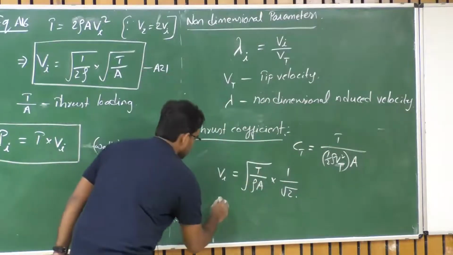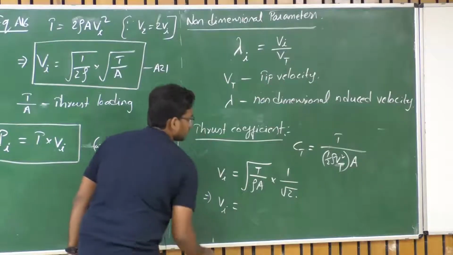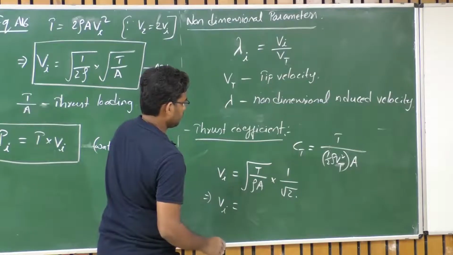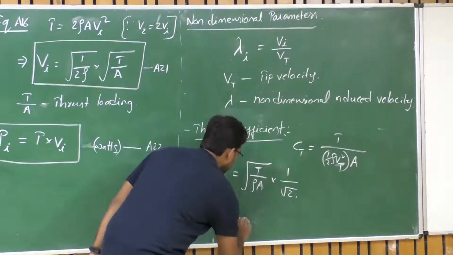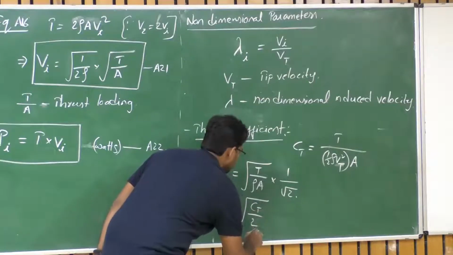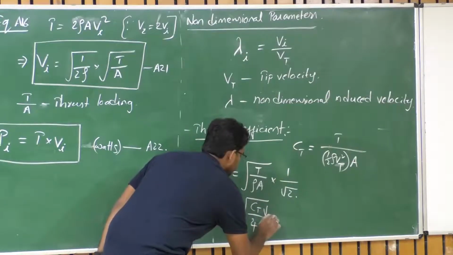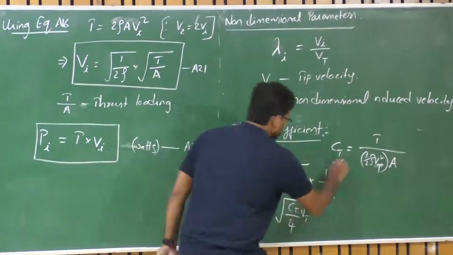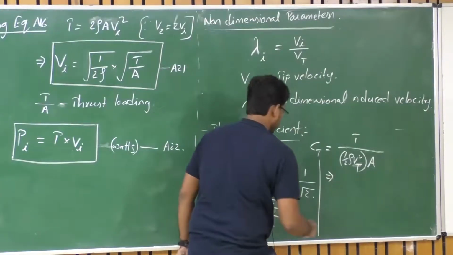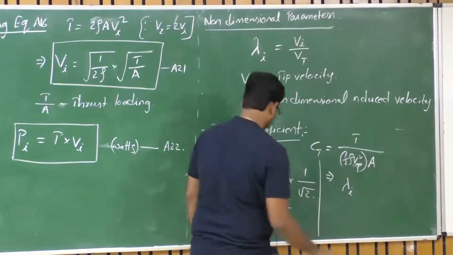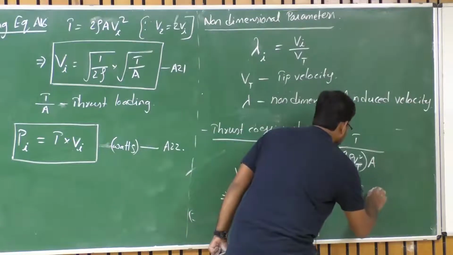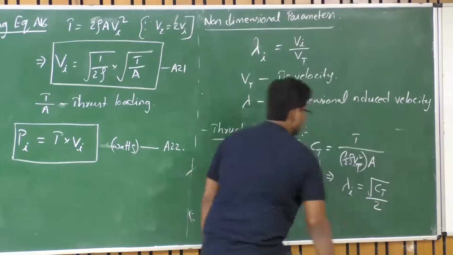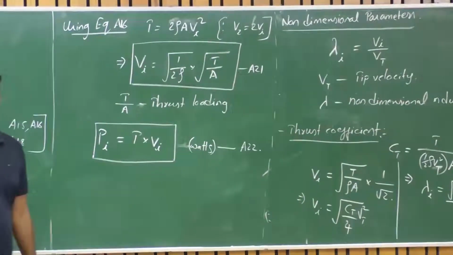So what I can do with this is, like, Ct by 2 Vt square, isn't it? Root over Ct by 2, which is 4 times Vt square. Right? So this equals lambda I equals root over Ct upon 2, or Ct is 4 lambda I square, right?